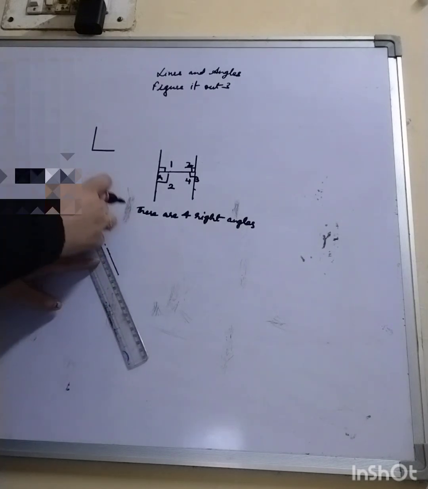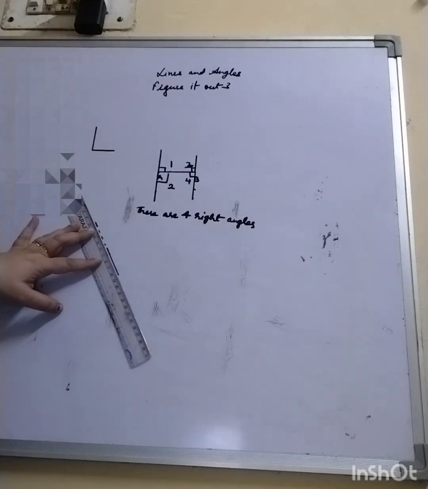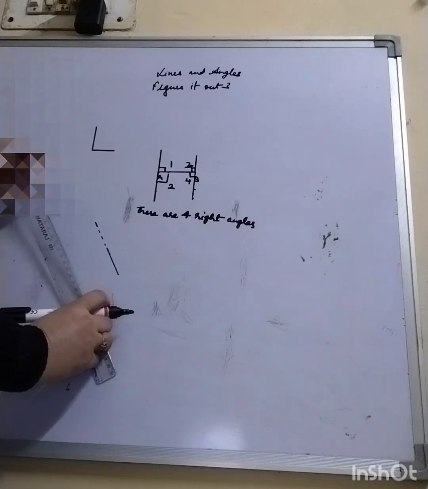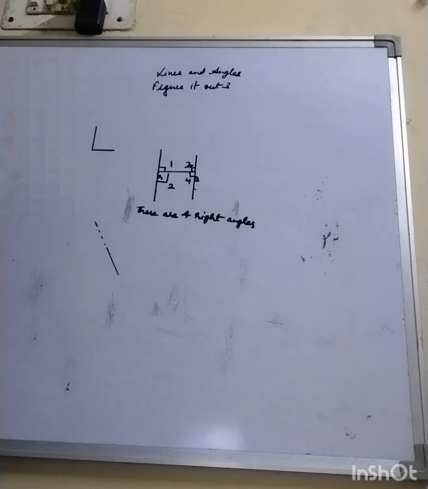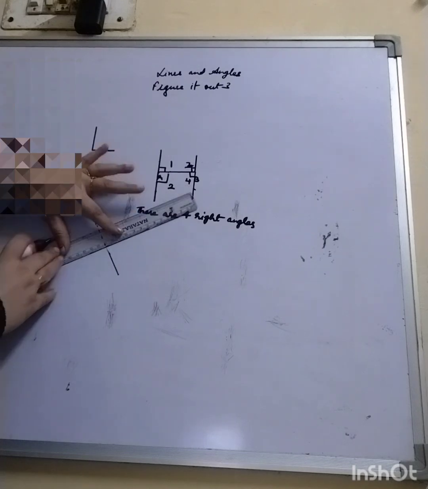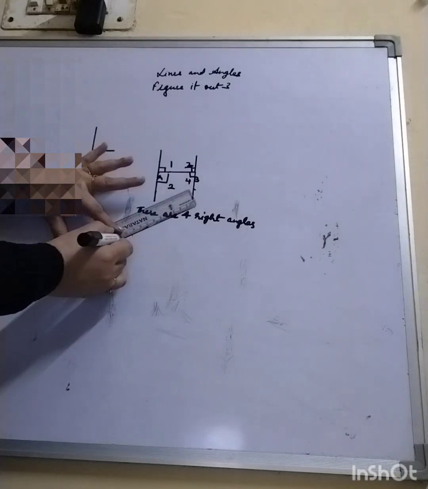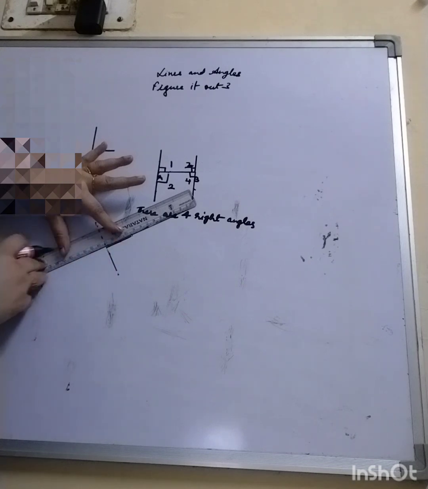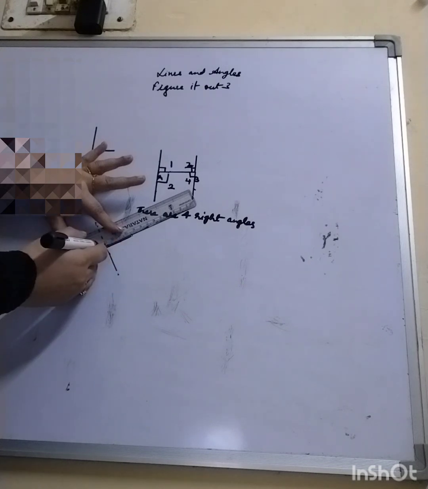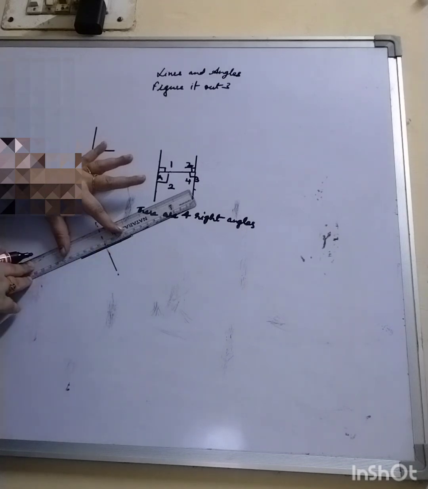You have to extend this line backward, and then you have to find the dots which would make an L shape. So those dots will make a right angle. Similarly, the dots on the left side of AB would also form a right angle like this.